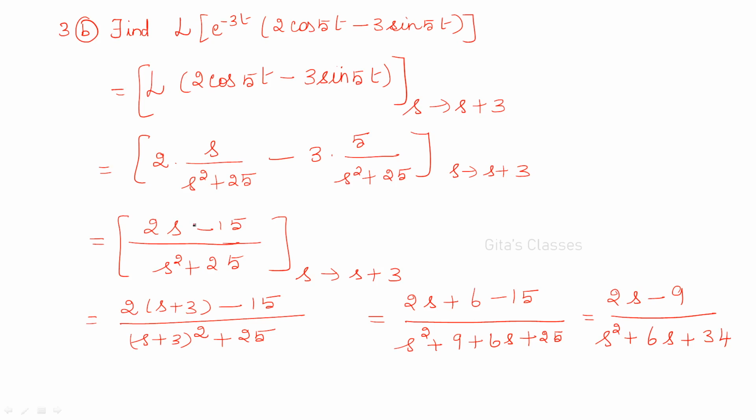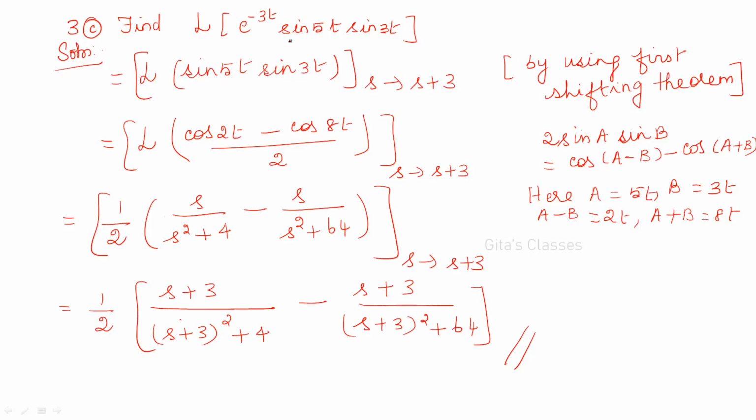So wherever you have s, replace it by s plus 3. So 2 into (s plus 3) minus 15 by, in the place of s, again s plus 3 in the denominator also. So (s plus 3) the whole squared plus 25. So if you simplify, 2s plus 6 minus 15 by s squared plus 9 plus 6s plus 25. Simplifying you will be getting 2s minus 9 by s squared plus 6s plus 34.